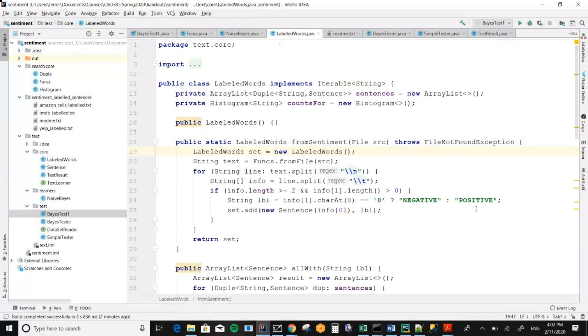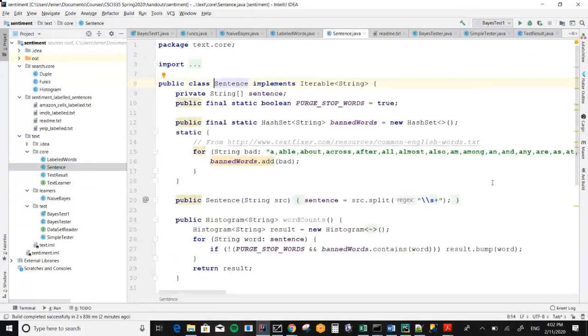So basically, all this really did was process each line until it figured out where the label was, because some of the text went across multiple lines. And then it builds a sentence object, which is just a string array.